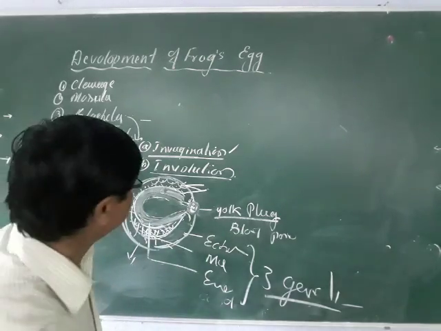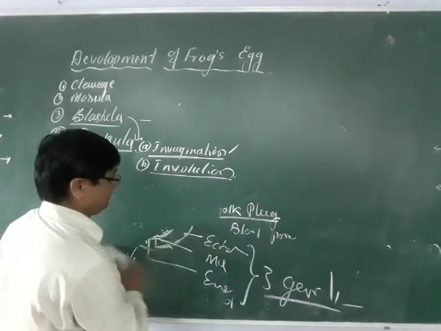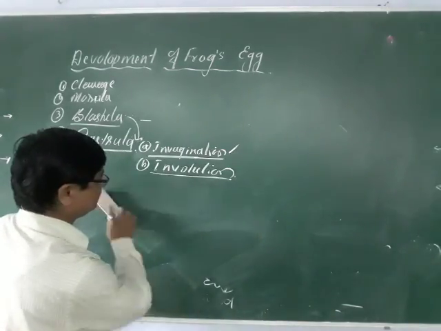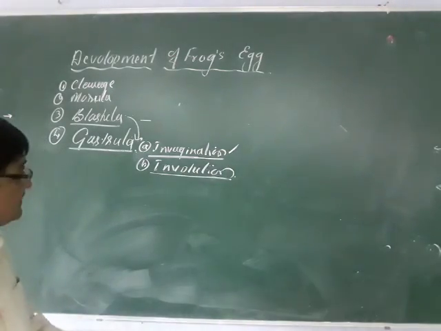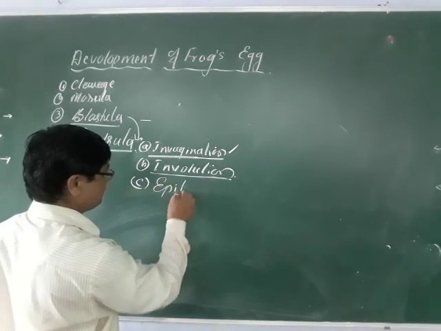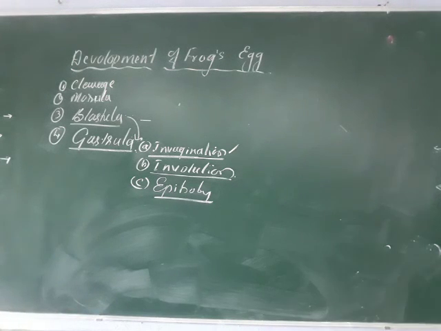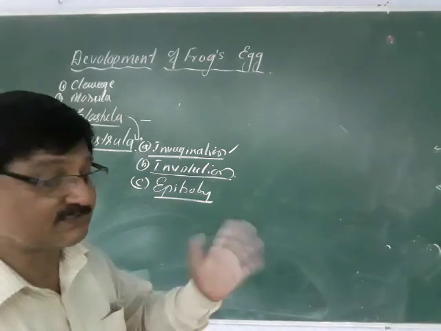Next there is one more process, that is the epibole. What is the epibole? Epibole, in simple terms: during the developmental stage, it is the ingrowth of one layer over the other. Ingrowth, not outside.